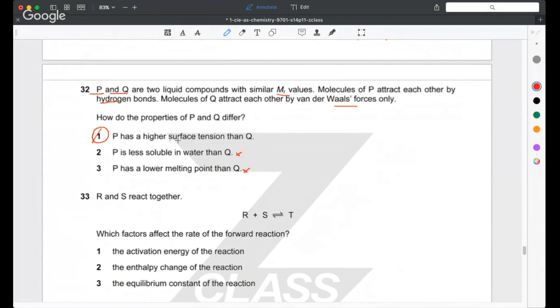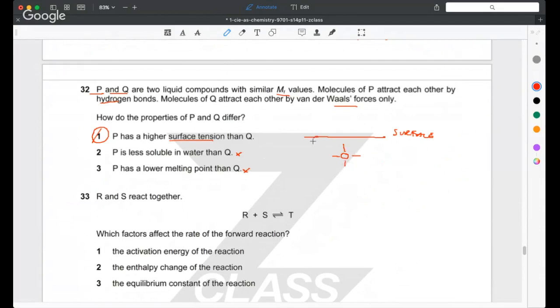So by a process of elimination, it looks like that one is right, and we just have to understand a little bit about surface tension. The idea there is that if this is a liquid, that's the surface, and this is the bulk of the liquid down here. If you've got a molecule of P, then it can have hydrogen bonds all around it. You can have hydrogen bonds to the left, to the right, below it, and above it. So it's got hydrogen bonds in all 3 dimensions around it.